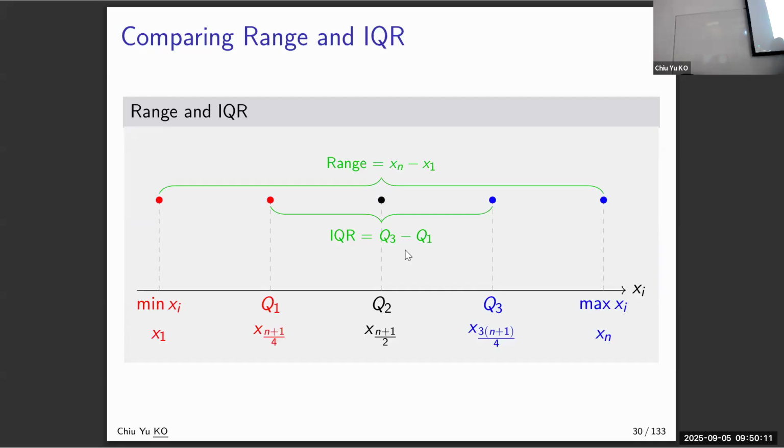You look at the first half, cut the middle again, the median of the first part is Q1. The median of the second part is Q3. This distance is called IQR. The good thing about IQR is it isn't affected by extreme values, right? It doesn't really matter what these data are, the thing in the middle, right? So this is a very useful measure when you look at how spread out data is.